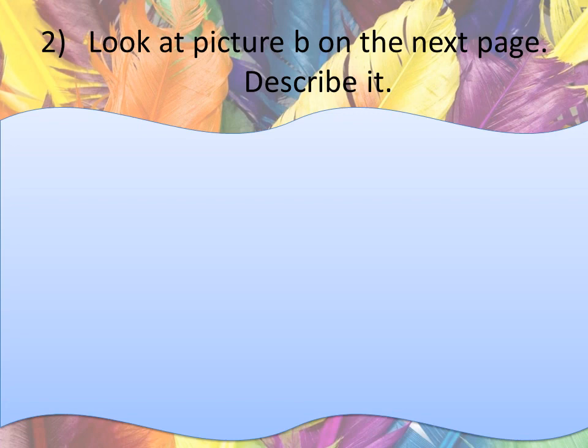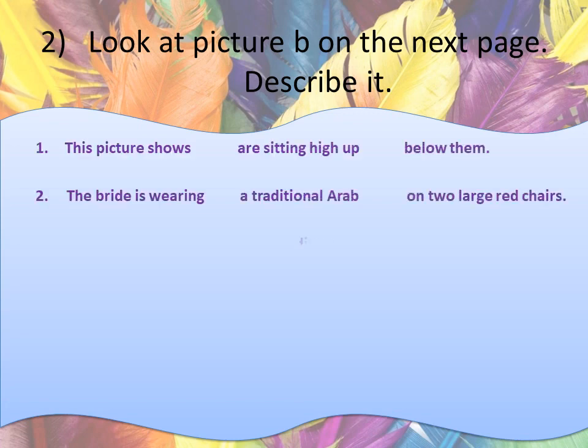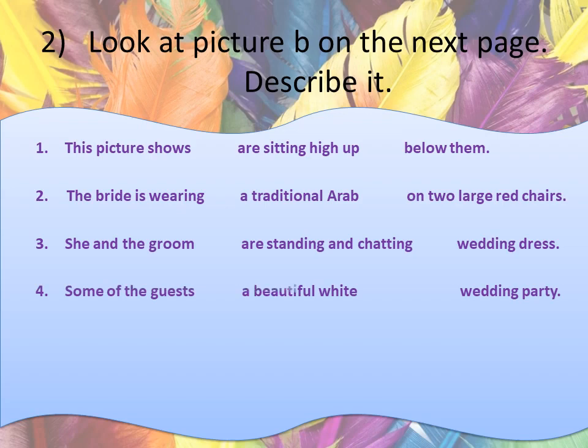Now look at picture P on the next page and describe it. Here we have some pieces of sentences. We need to match them to describe the picture. The first column: 1. This picture shows, تظهر الصورة. 2. The bride is wearing, ترتدي العروس. 3. She and the groom, هي والعريس. 4. Some of the guests, الضيوف.